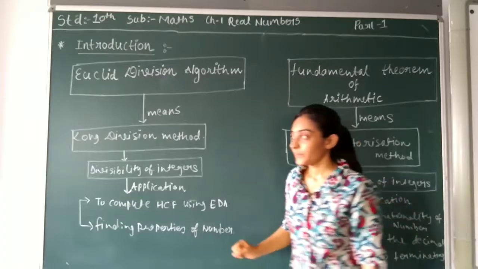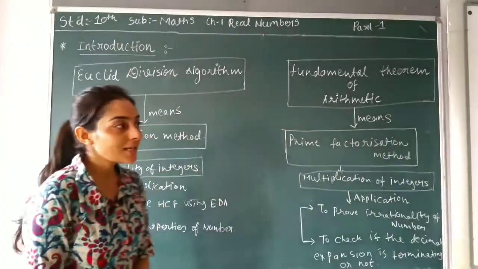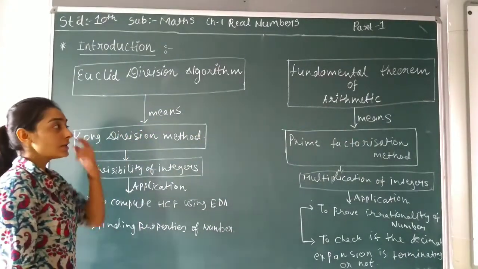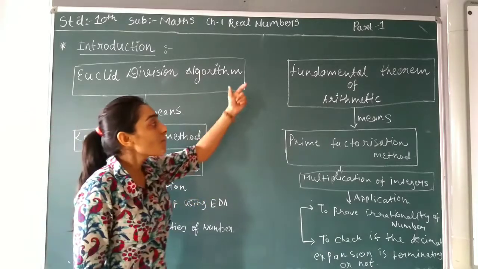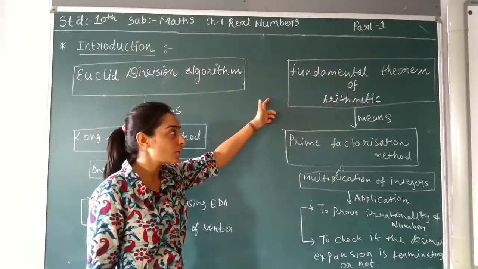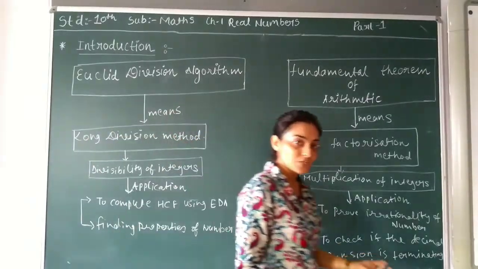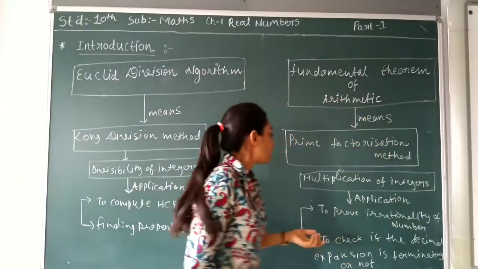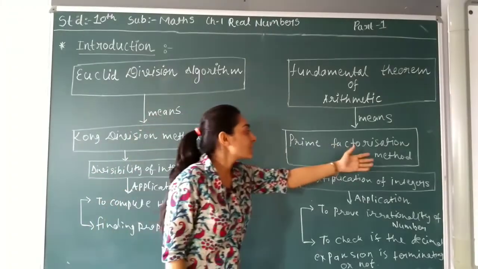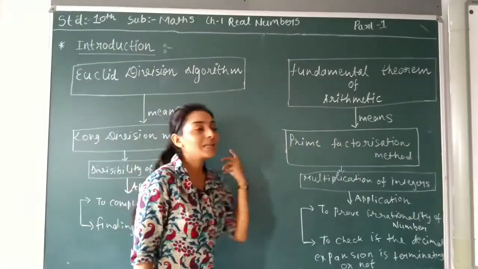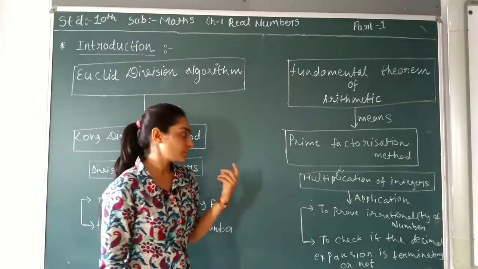of numbers. Now, the second thing we are going to learn in this chapter is the fundamental theorem of arithmetic, which means the prime factorization method. In the prime factorization method, it's nothing but a multiplication of integers.